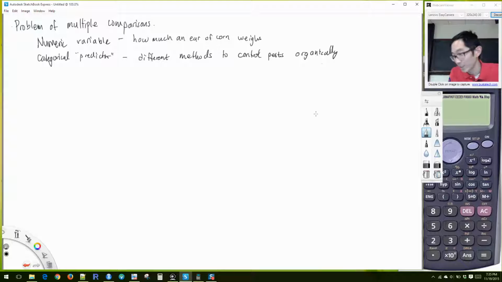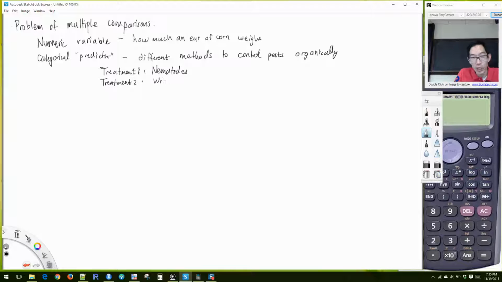I know nothing about farming, so treatment 1 was they used nematodes. I don't even know what these are. Sounds like a cartoon show or something. Anyway, we have all these things.